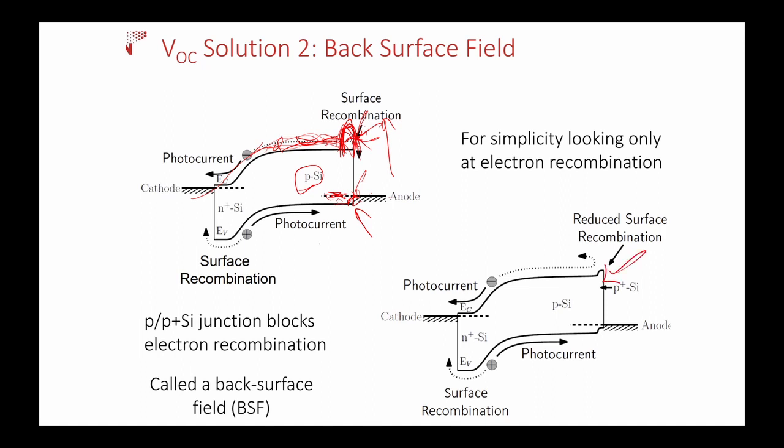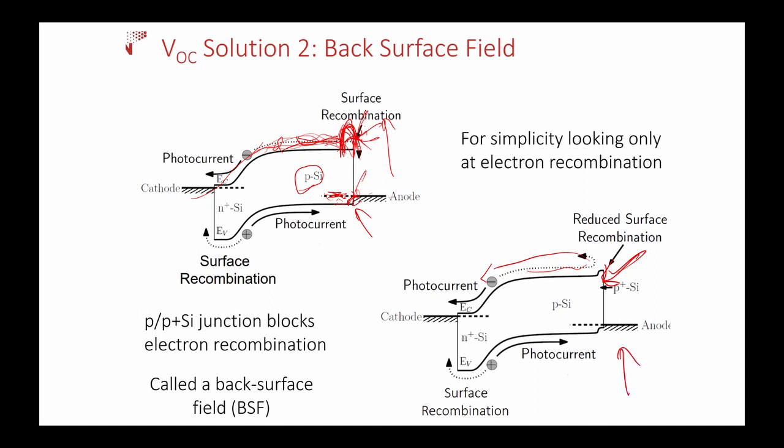Electrons will get reflected back, and it will reduce the surface recombination. This is how we can improve the efficiency of the silicon solar cell.